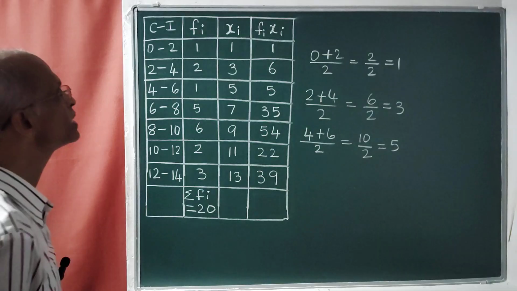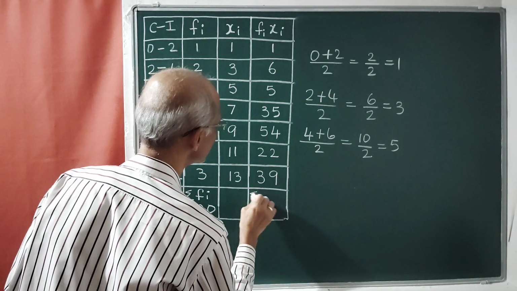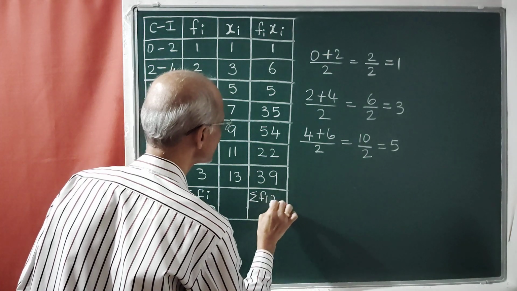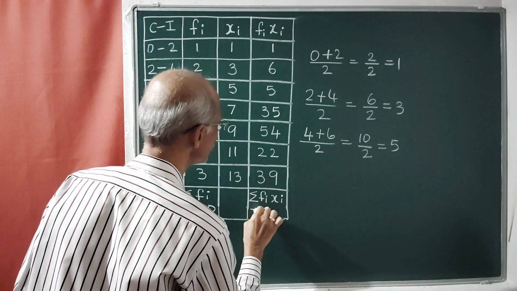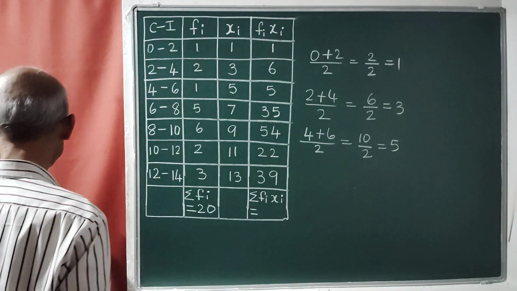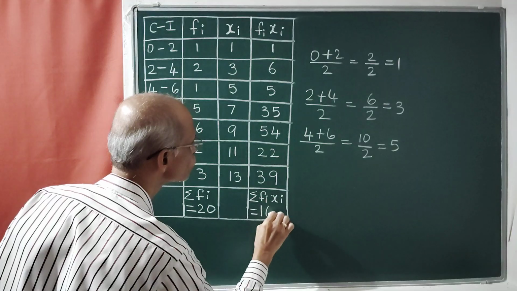We have found the fi xi. Now we have to find out sigma fi xi. You have to add all these values to get the value of sigma fi xi. It is 162.